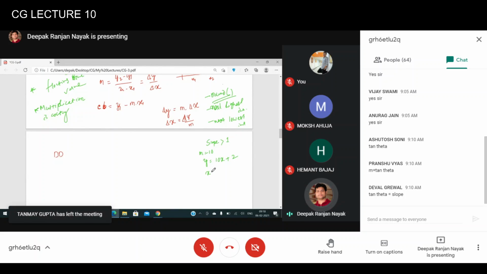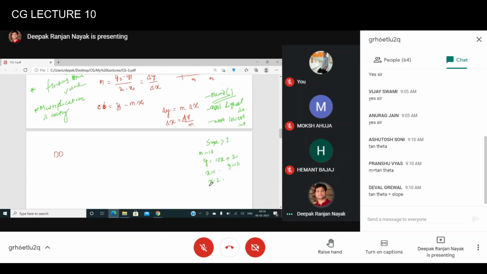For x value 1, what will be the y value? 12. Okay, so my next value of x will be 2 because it always increments by 1. Either one of the coordinates will always increment at unit intervals, and the other you will calculate. That's what we have to follow over here.